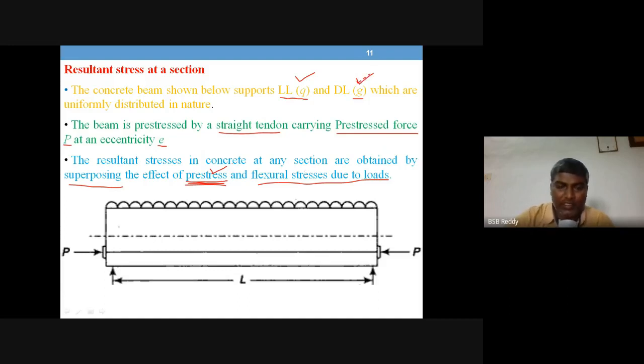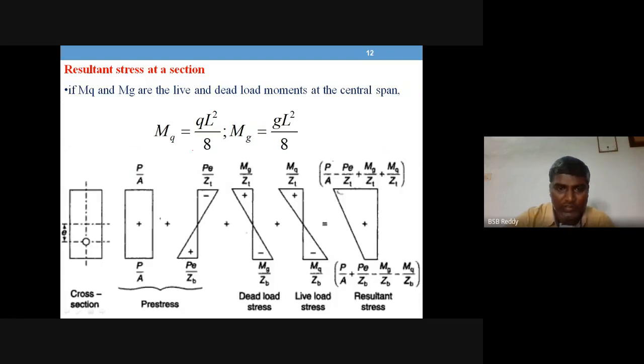Let us see what will be the final form of the formula. First, if you want the stress value, we will use the bending equation M by I equals F by y. So we need the bending moment.